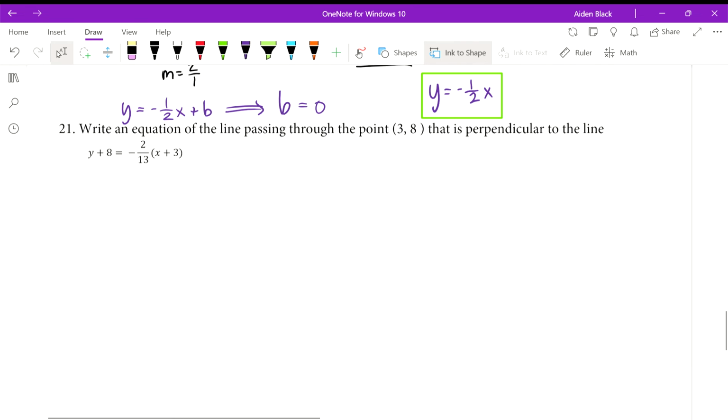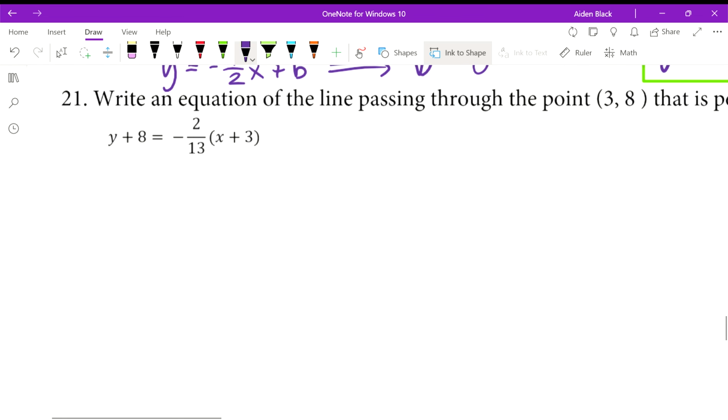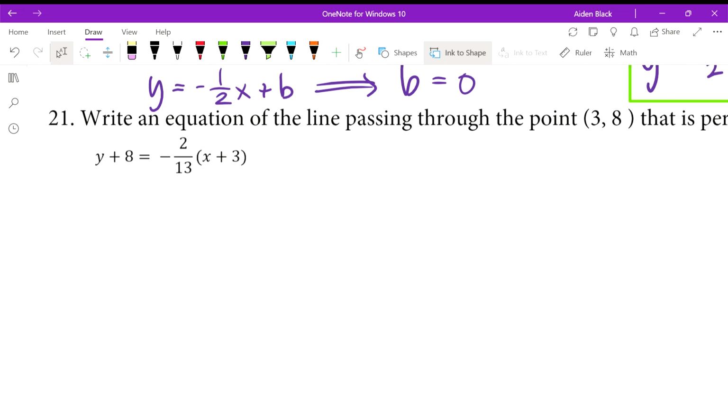Write an equation of the line passing through the point 3, 8 that is perpendicular to the line y plus 8 equals. So the important part of this is it shows your slope right away. This is in point slope form. Even if we distributed this, we would find out after distributing it and getting y equals mx plus b, our m will be the same.